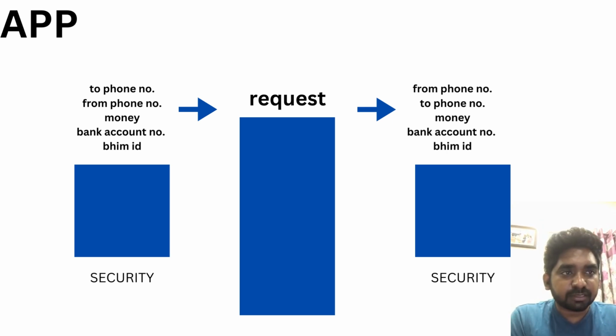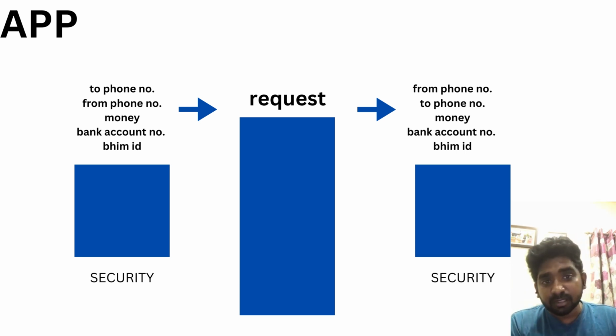In recent days, I've seen an example of a security-based service or integration, which is PhonePe or Google Pay, where they integrate a BHIM app or BHIM UPI in their respective platforms.